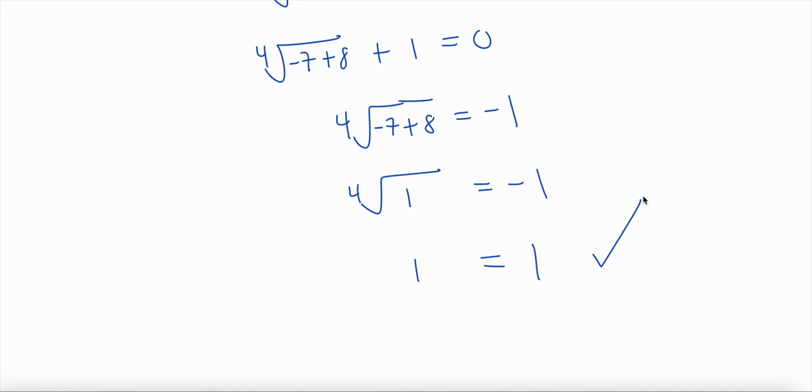But this is not the way that we want to check for extraneous solutions, because the crucial feature that made this wrong was that we raised both sides of this equation to the fourth power, which essentially undoes the fourth root. Whenever we're checking for extraneous solutions, we do not want to ever undo our radicals, whatever they are.